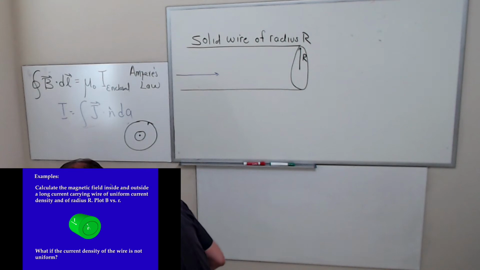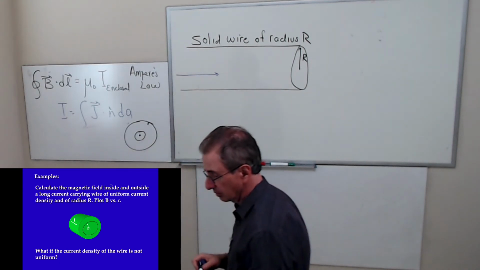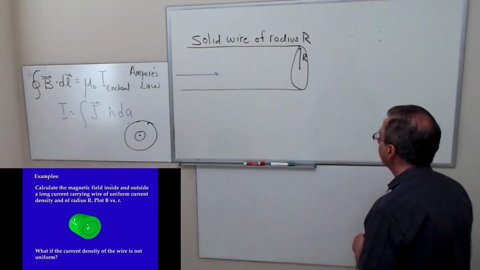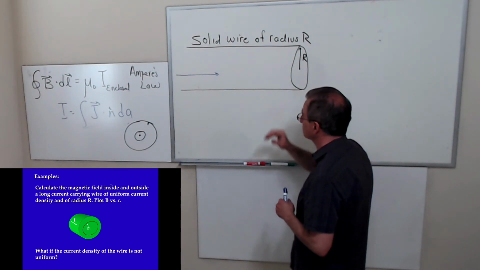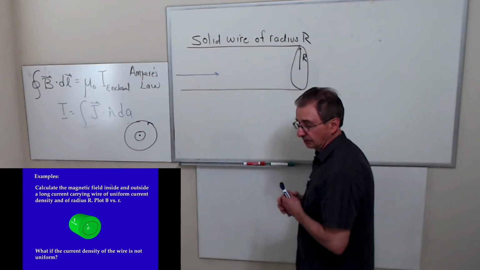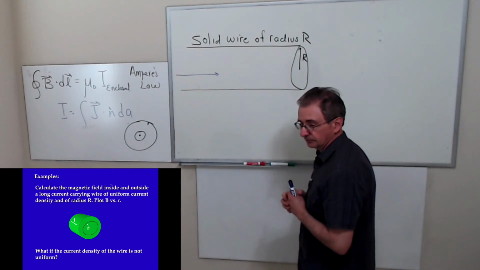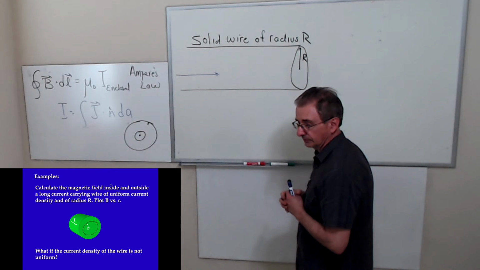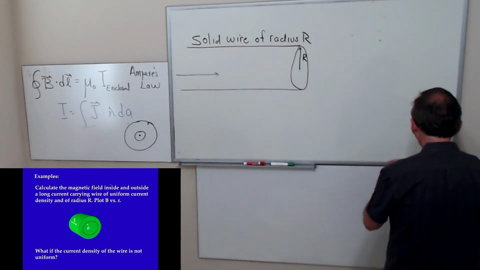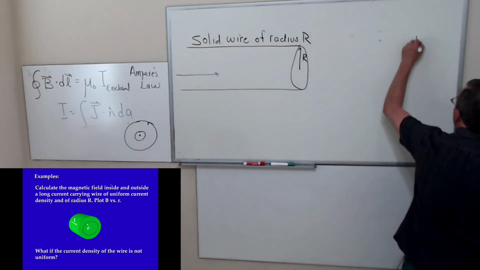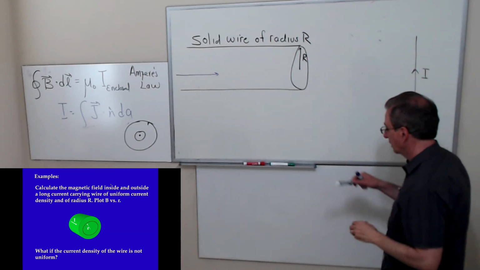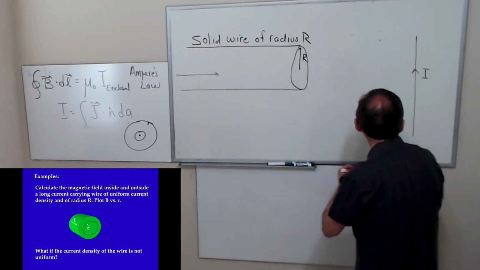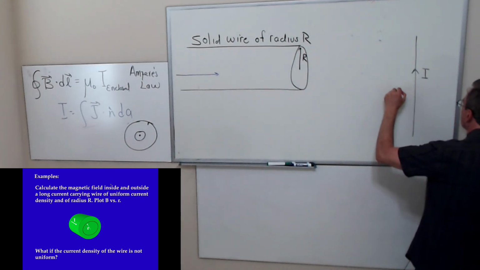Okay. Using our knowledge of magnetic fields, what can you say about the direction of the magnetic field outside the wire? If you're standing outside the wire, it looks like this, and the magnetic field circulates.